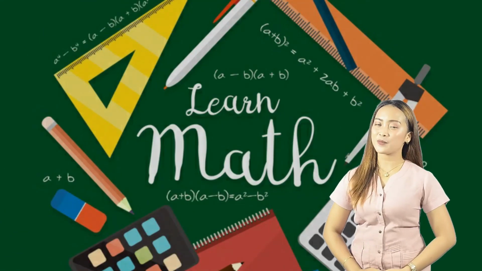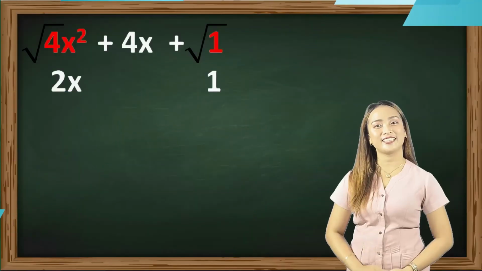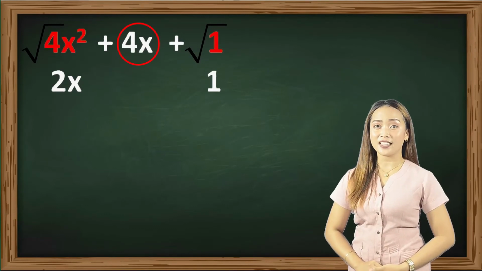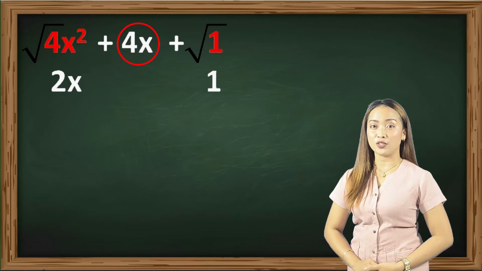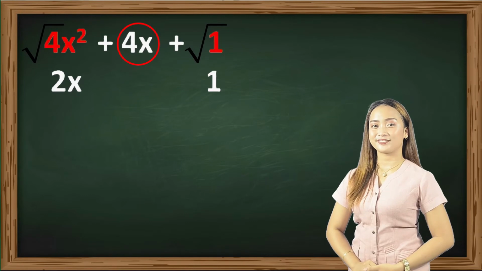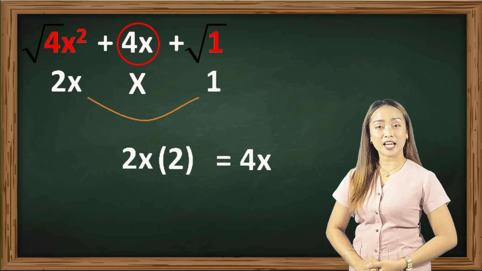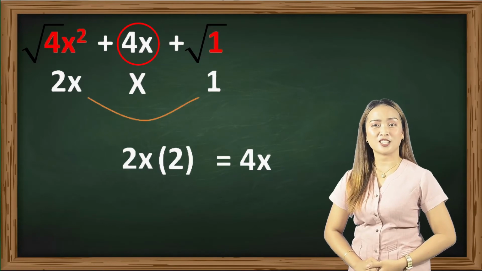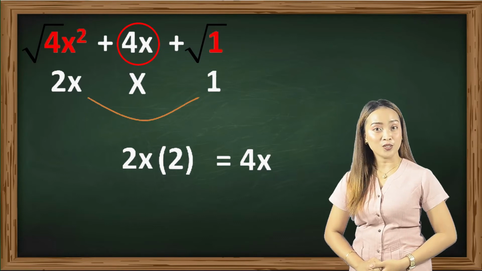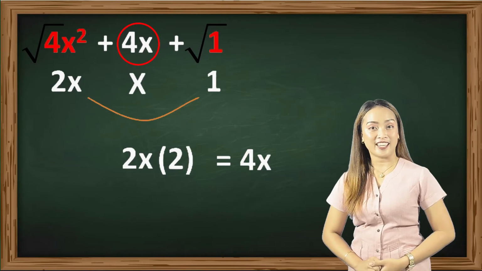Okay, let's proceed to step 2. Look at the middle term. Is it twice the product of the square roots of our first and last terms? Yes, because 2x times 1, which are the square roots of 4x squared and 1, is equal to 2x, and 2x times 2 is 4x.